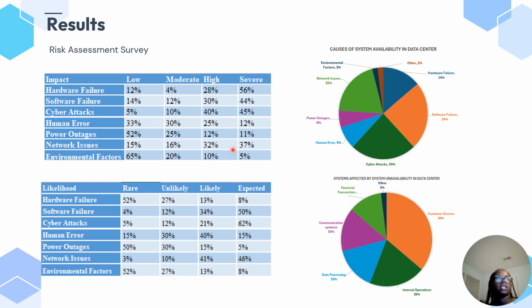Looking over to the impact, the events that had the highest or severe impact were the hardware failures, the software failures, the cyber attack, and the network issues. While those with the highest likelihood were the software failures, the cyber attacks, and the network issues.